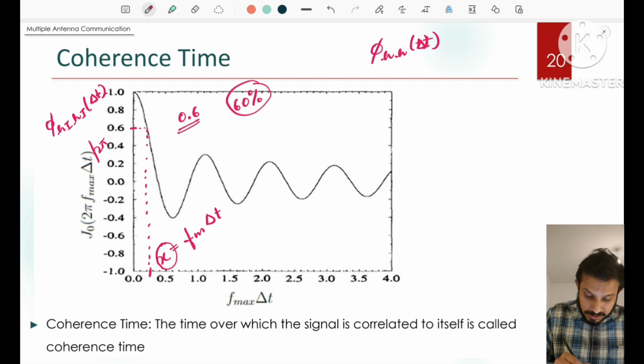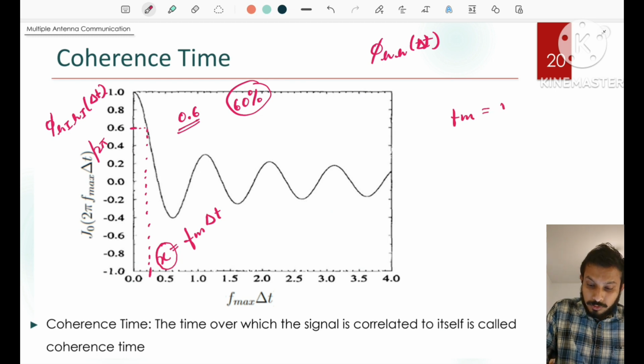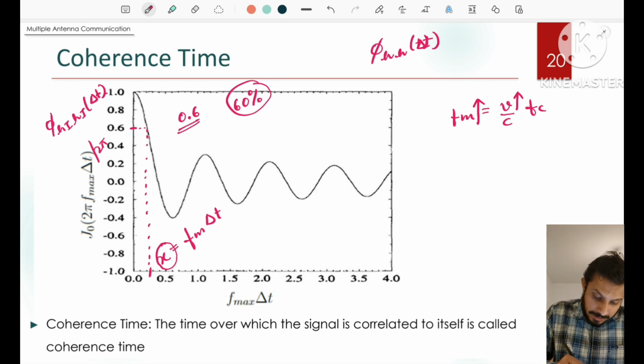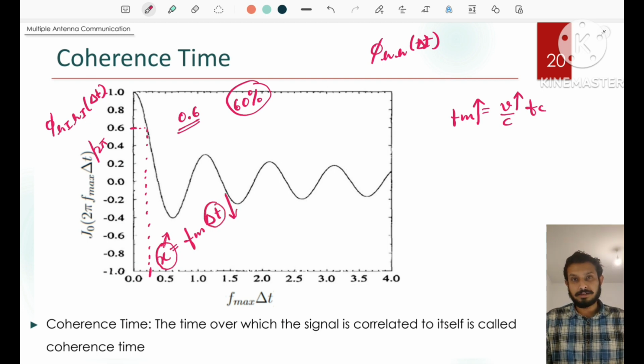Now, the interesting thing to see here is Fm is equal to V by C into Fc. When we increase the velocity, this Fm will increase, and as a result, to have a certain value of x, this delta t needs to be decreased.